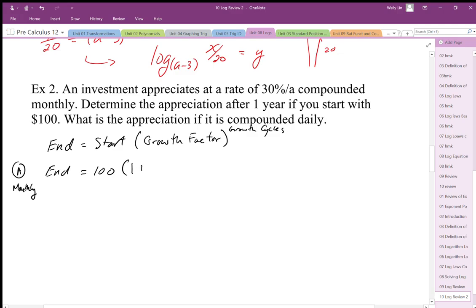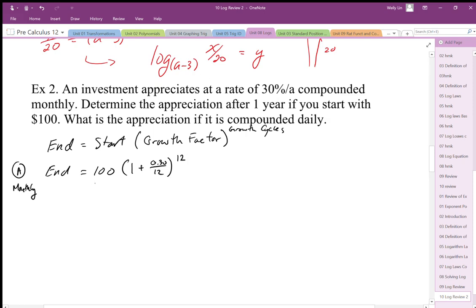So it's going to be the 30% divided up over 12 months. Then the number of compound cycles is going to be 12 because we have 1 year, and this power should represent the number of months, or the growth cycles. So in this case it's going to be 12.